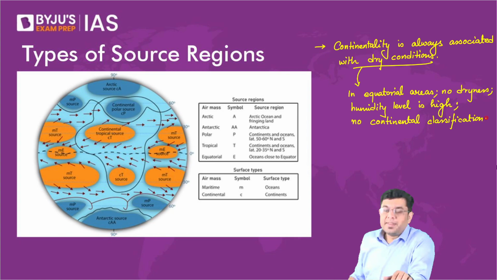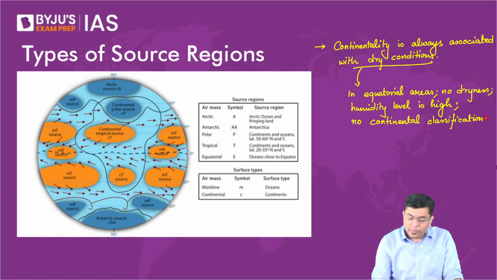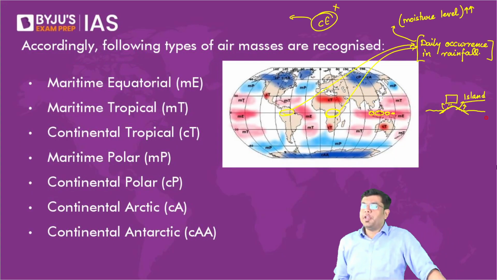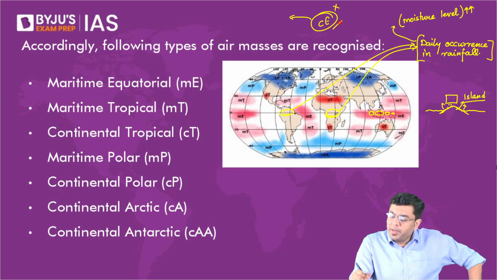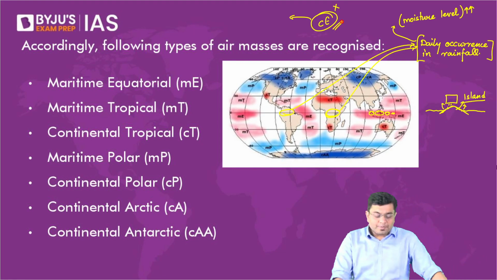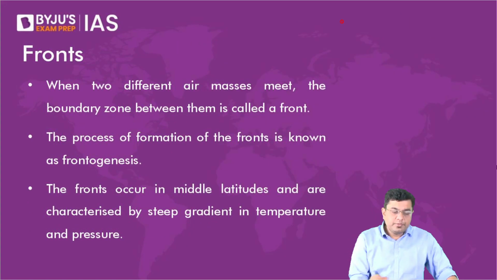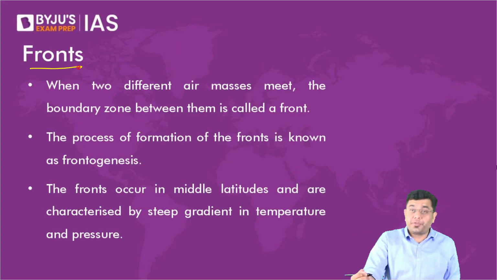I hope that is understood. So that is why in the classification of air masses, you will find various different types of air masses, but you will not find continental equatorial, and that is because of the moist conditions of the air parcel, which is prevalent all around. Now, after this, we come to the portion of fronts.